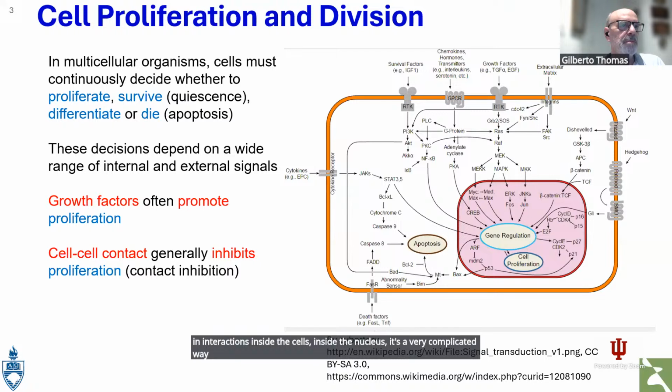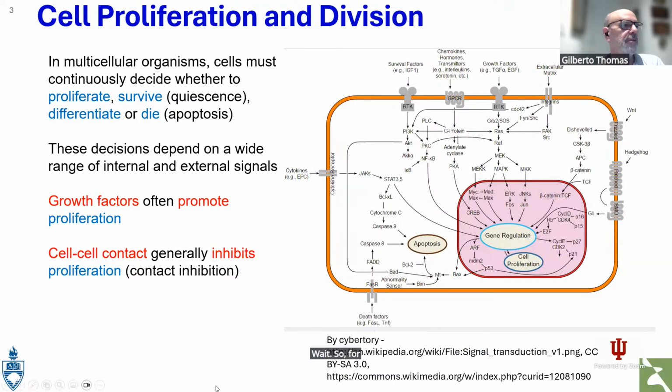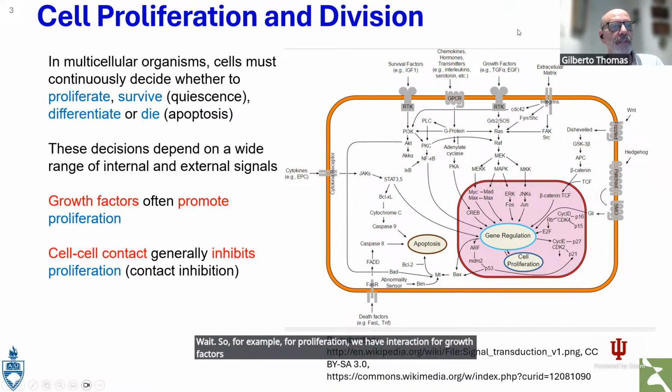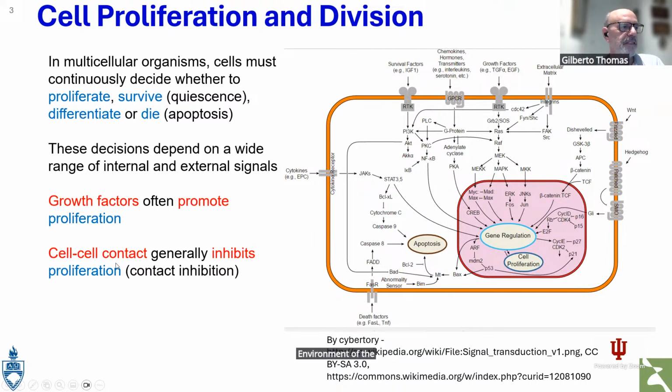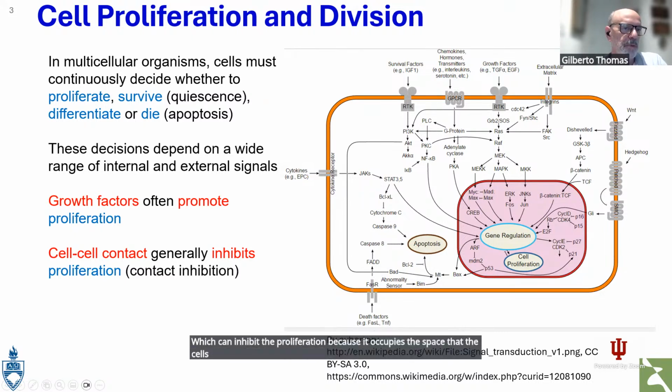So, for example, for proliferation, we have interaction of growth factors, which usually come from the external environment of the cells. We have cell-cell contact, which can inhibit the proliferation because it occupies the space that the cells would have to proliferate.